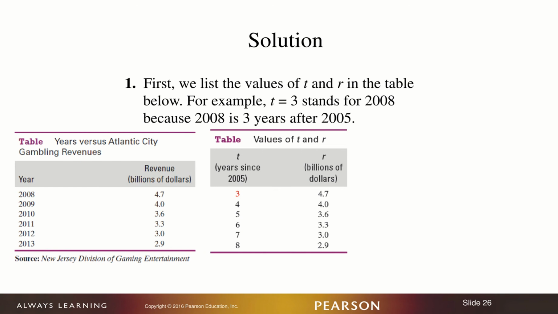So that will be the number that we'll use for t. And 2009 minus 2005 is 4, etc., right? So that's how we get these values here in the t column, right? And R, of course, the revenue doesn't change, right? We're just trying to pick easier points to do our plot for, right?